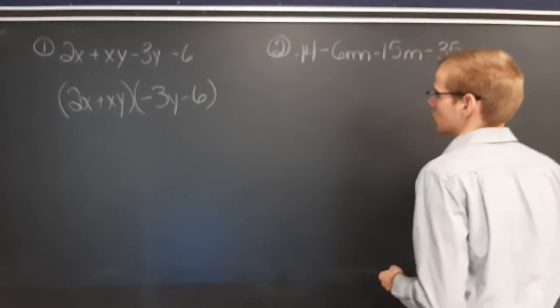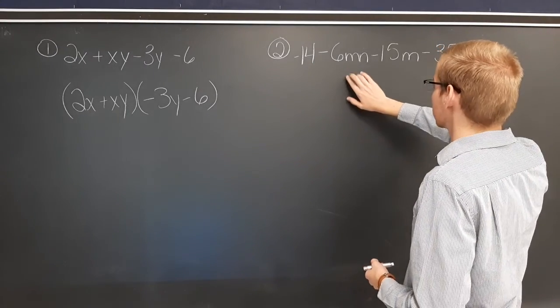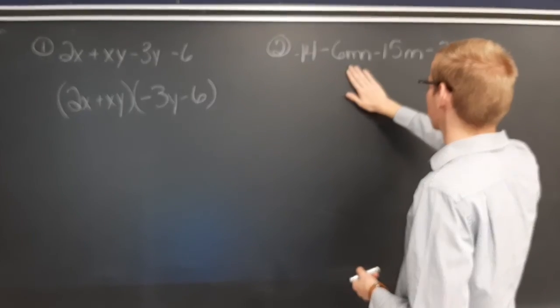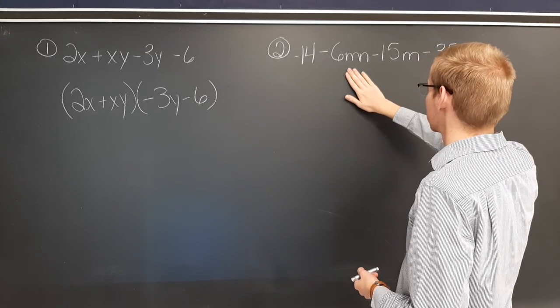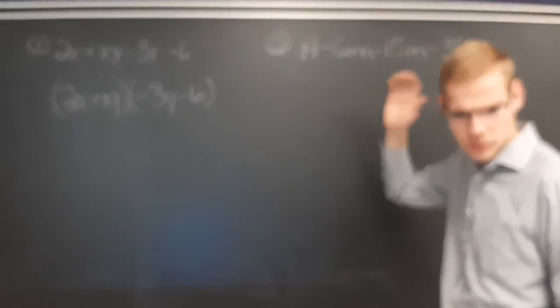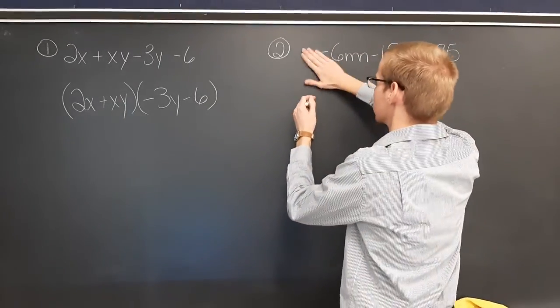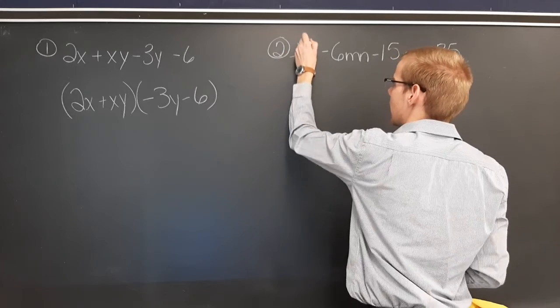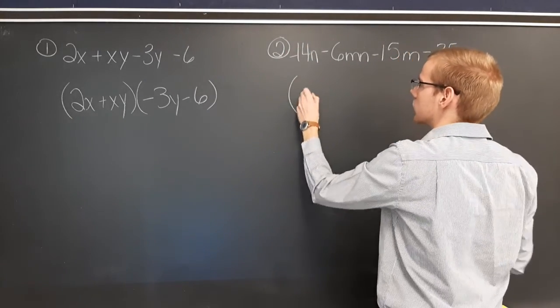Likewise here, let's try this one. These two have the same variables. I did something wrong. I've forgotten n. Negative 14n. There we go. These two have the same variables.